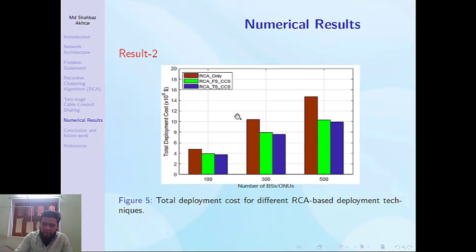All the results are from our scheme. This one is the RCA only, which means there is no provision of cable conduit sharing. This is the RCA with single stage cable conduit sharing, and this is the RCA with two stage cable conduit sharing. As we can see, without cable conduit sharing the cost is significantly large. When we use last mile cable conduit sharing, the cost is reduced significantly, and with two stage cable sharing we succeed in reducing the cost further.